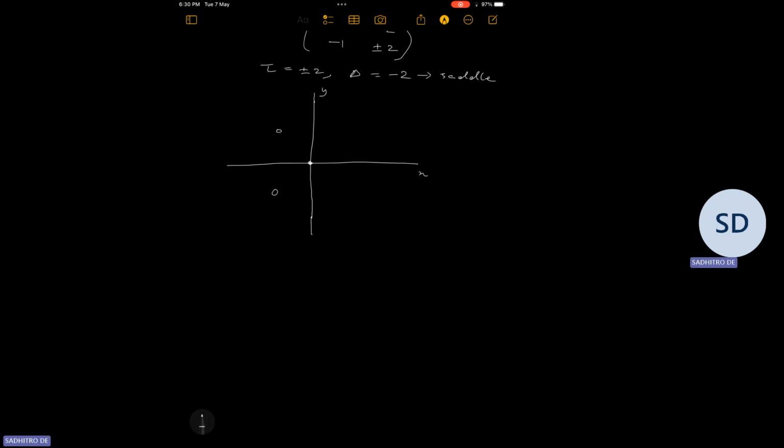So if you do the computations of the eigenvectors, you will see that the stable eigendirection is somewhat like this, and the unstable eigendirection is somewhat like this, and similarly for this one, the stable eigendirection is somewhat like this. The unstable one is something like this.